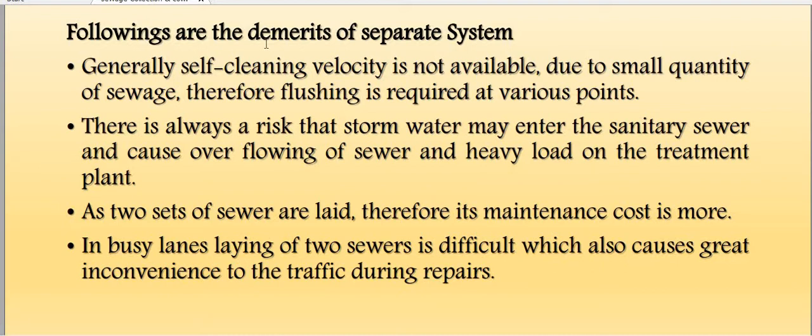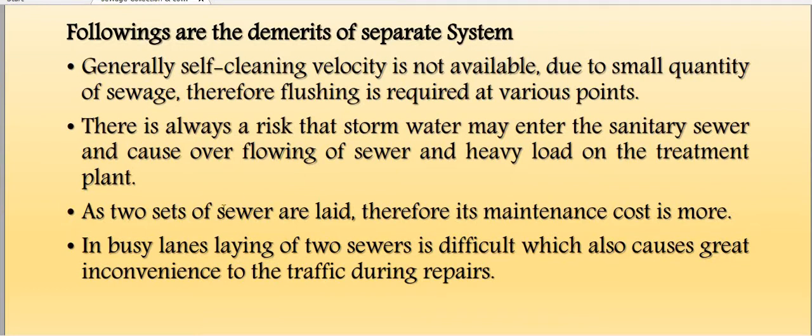If the waste is moving in the smaller section of the pipe, the self-cleansing velocity is not available. Means the sewage will not move easily by its own, and hence we have to identify the various points where it may accumulate or get choked.